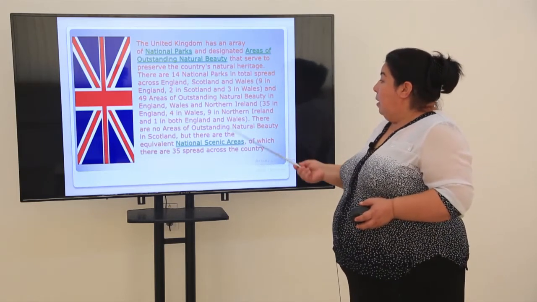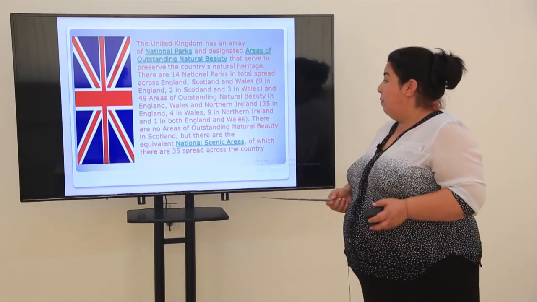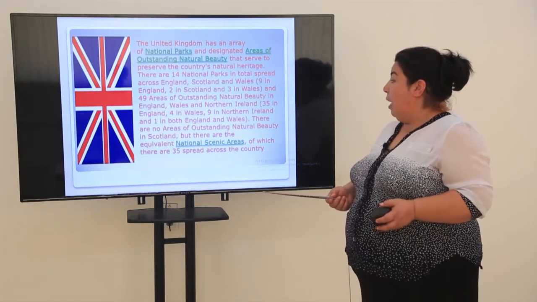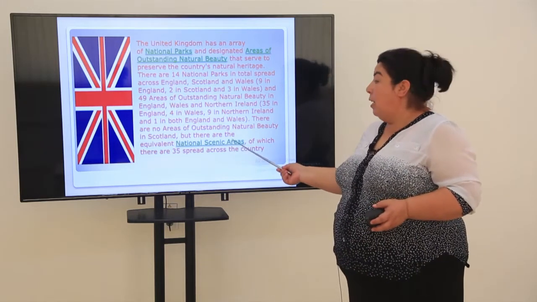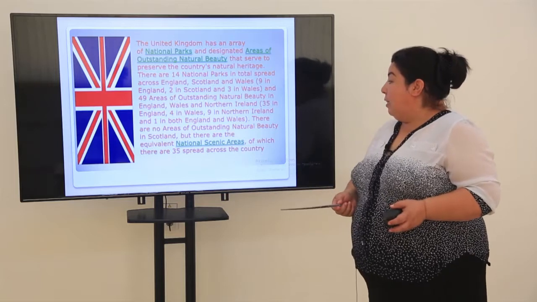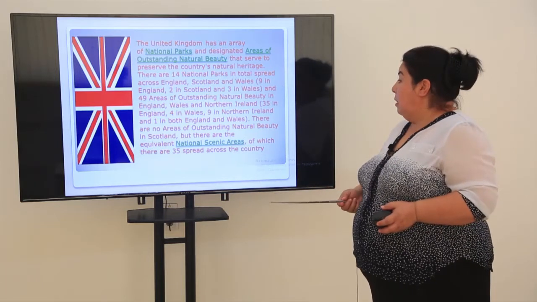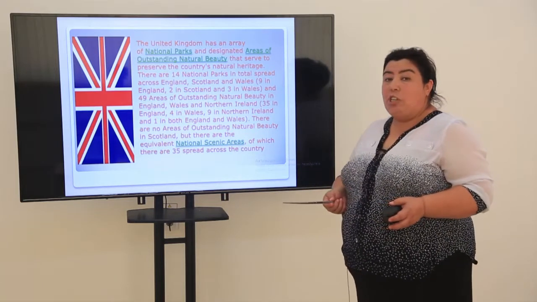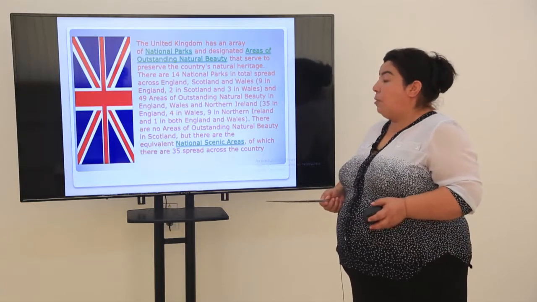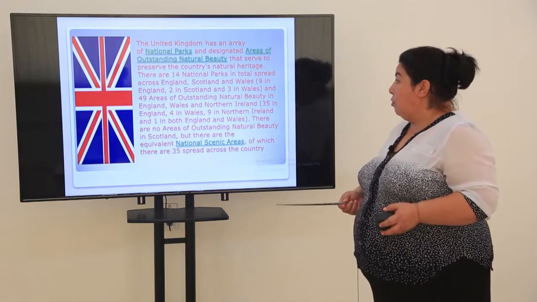And there are no areas of outstanding natural beauty in Scotland, but there are the equivalent national scenic areas, of which there are 35 spread across the country.